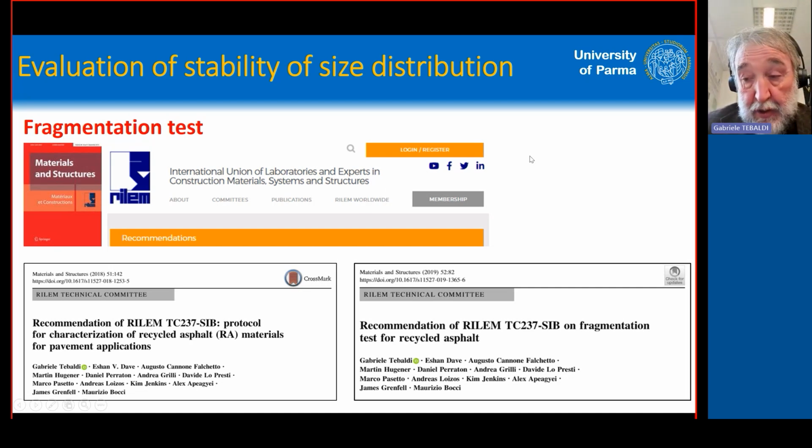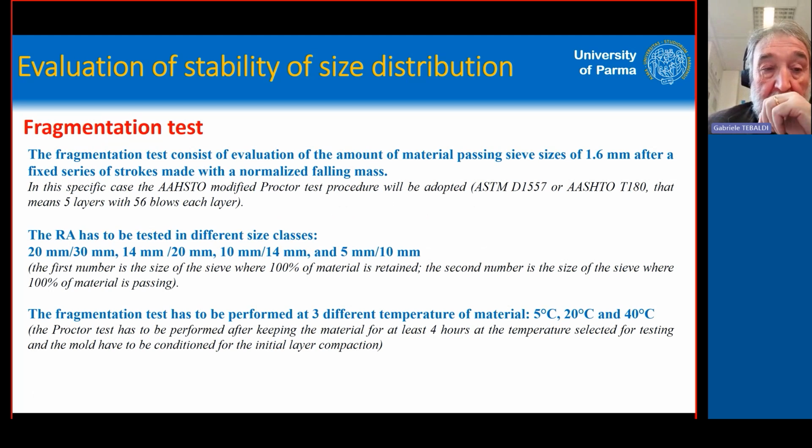Among the technical recommendations that came out of the activity of the technical committee, there was a recommendation on how to characterize the reclaimed asphalt, and especially there was one test inside of this protocol that was named the fragmentation test, exactly designed to analyze the problem that I just described. The fragmentation test is a very simple test that consists in the evaluation of the material passing a control sieve before and after compaction.